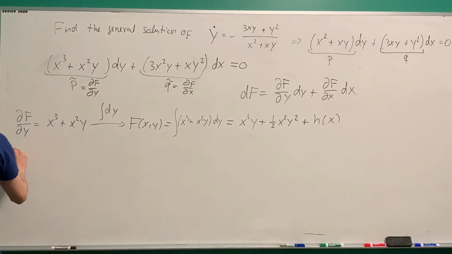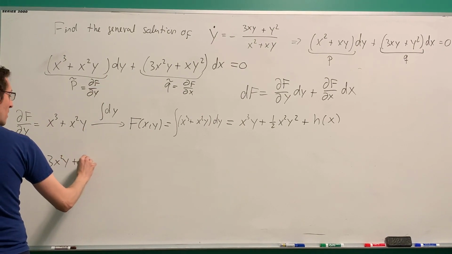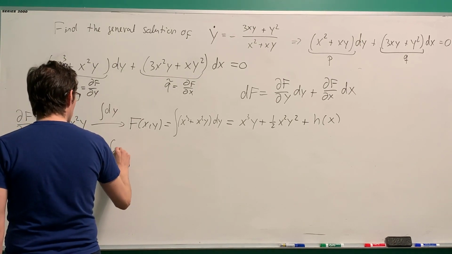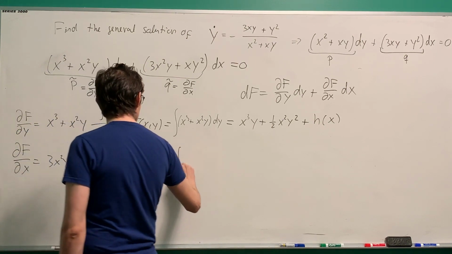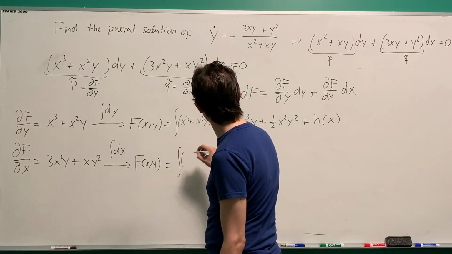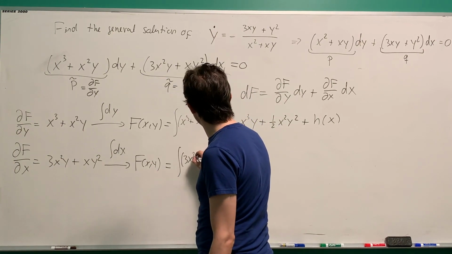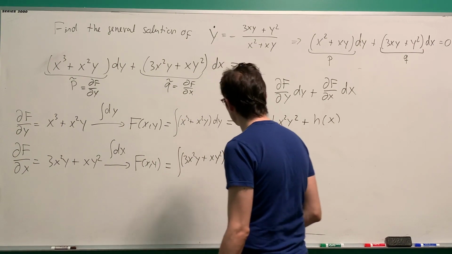All right, we do the same with partial f with respect to x. In this case, this is 3x squared y plus xy squared. So through integration with respect to x now, we find f of x, y, which is the integral of 3x squared y plus xy squared dx.